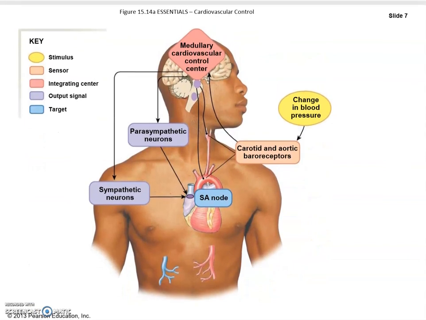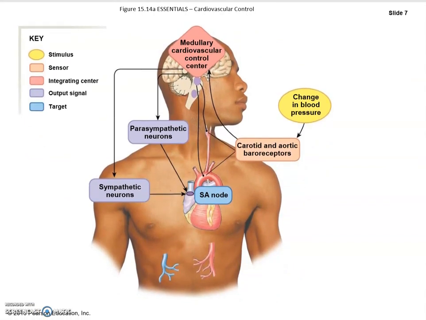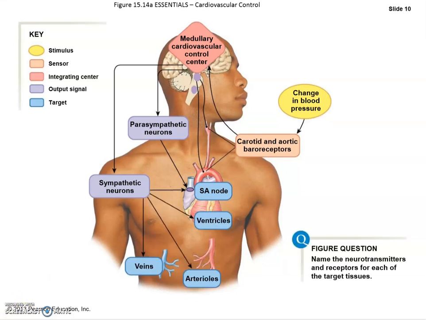And then you will basically be adjusting your blood vessel diameter in order to meet the need of compensating any change in blood pressure. The parasympathetic or sympathetic neurons, of course, will be affecting the SA node and either accelerate the next depolarization wave or decelerate it. So, of course, the parasympathetic side will decrease heart rate, and the sympathetic neurons would increase heart rate.